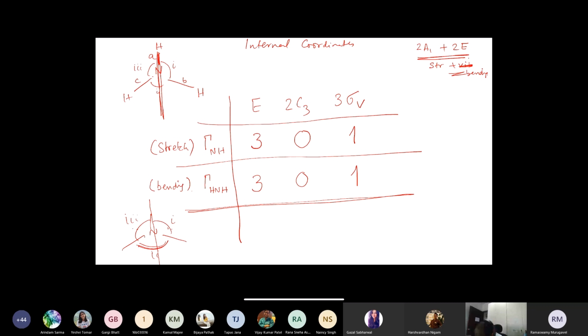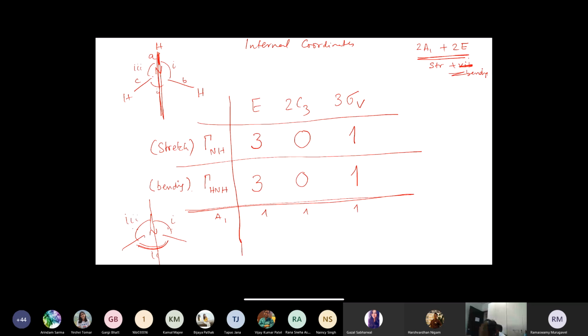And if I quickly go to the character table, or rather I write the character table here. Yeah. So A1 is 1, 1, 1.